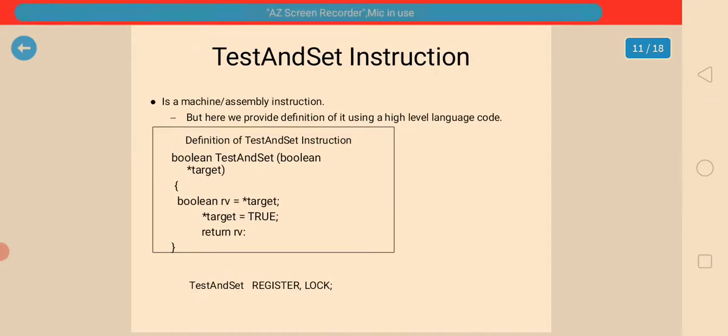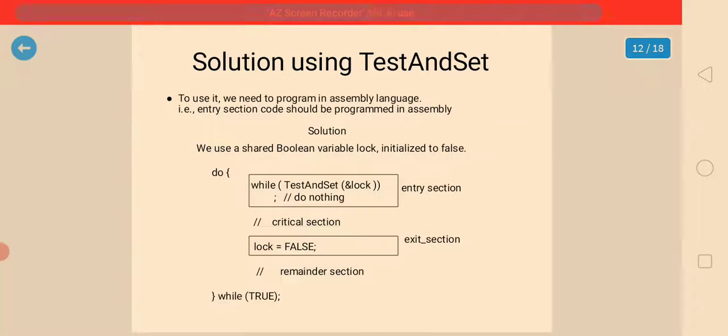So we are going to use test and set instructions to solve the hardware problem. It is a machine assembly instruction, but here we provide a definition of it using high-level language code. For the solution using test and set, the entry section code should be programmed in assembly.